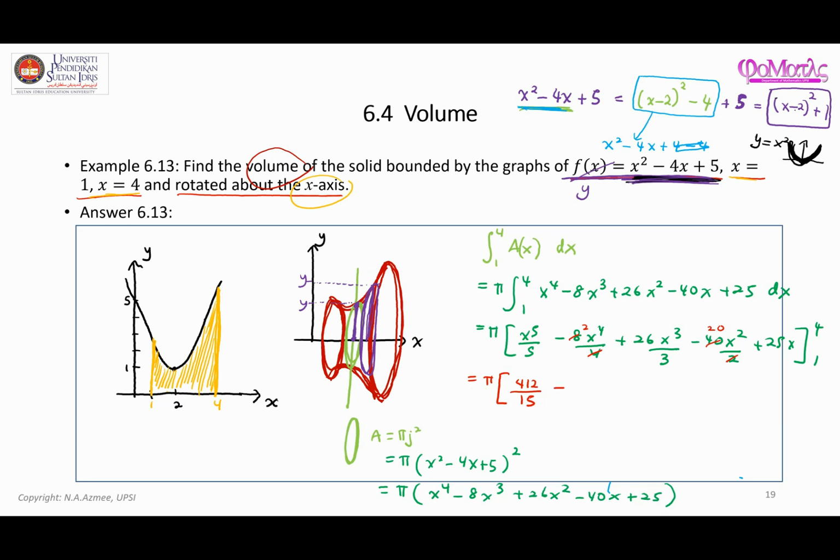Next, subtract the value with 1 substituted into this expression, which gives 178 over 15, and this can be simplified to pi times 78 over 5. If you want, you can stop at that. So that's the answer: 78 over 5 pi.